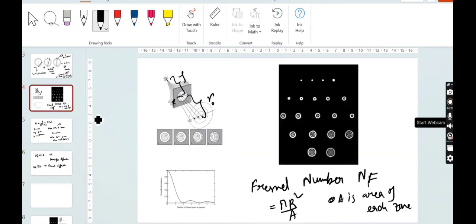So see here that this is for P. P will see this kind of Fresnel zone. P1 sees that the first Fresnel zone is there still.